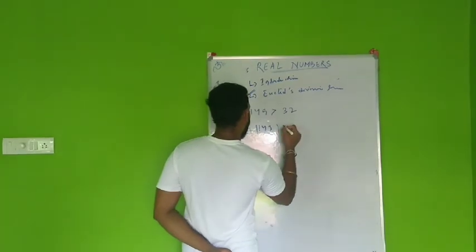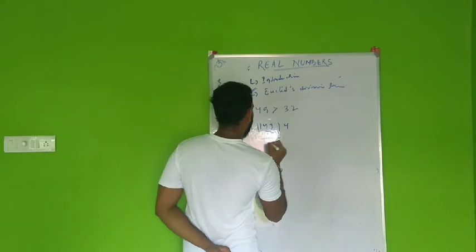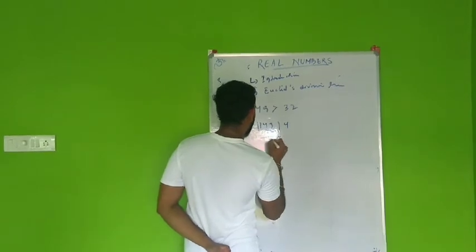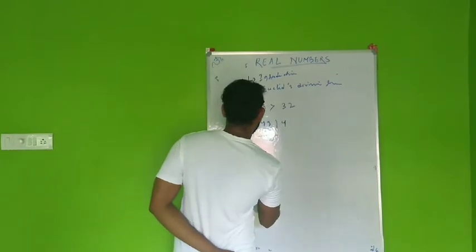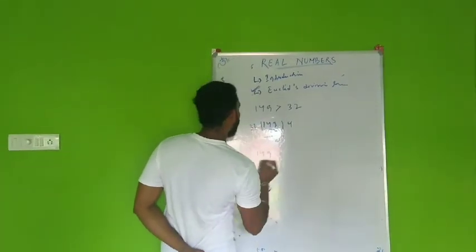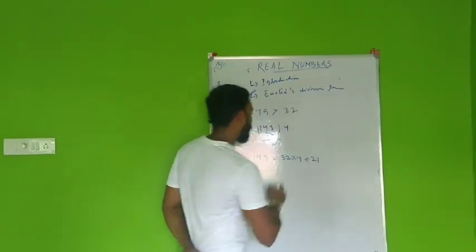So it will be 32 4s are 128, and the remainder is 21. So I can write 149 is equal to 32 into 4 plus 21.